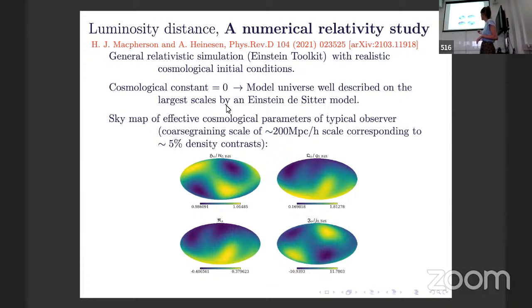And when we go to higher order, we have the effective deceleration parameter, and its anisotropic signature is dominated by a dipole, and you might also be able to see an octupole here. So this was exactly what we expected from the reasoning on the previous slide.